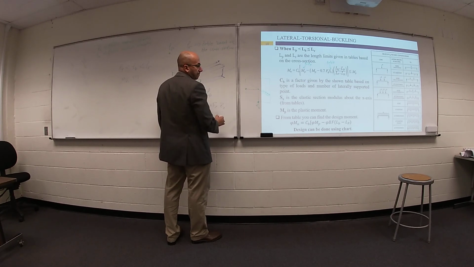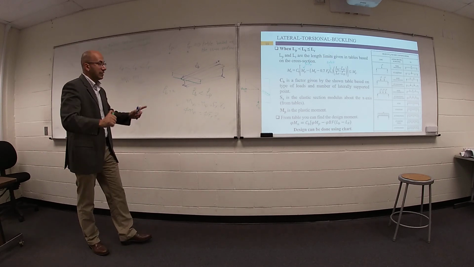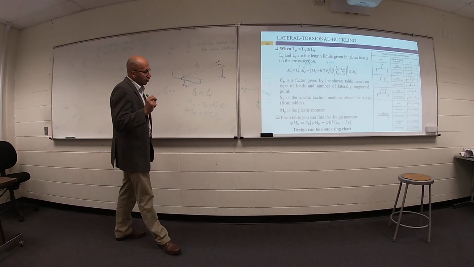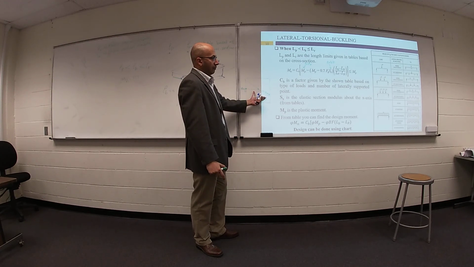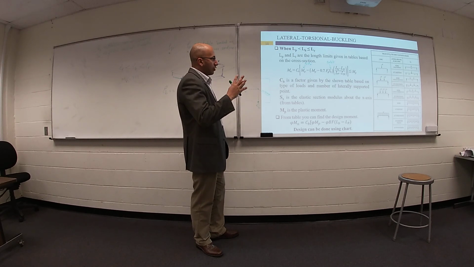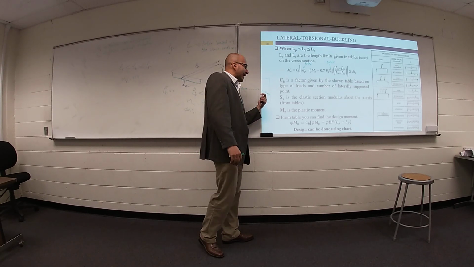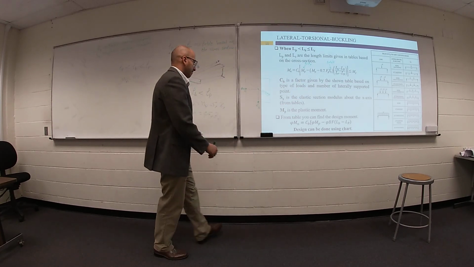Here is your phi MN, your design bending moment. That's all. The only issue with this chart, we don't have all cross sections, just a few of them in this chart. But if your cross section is not included here, go ahead and use this equation or go ahead and use this one.